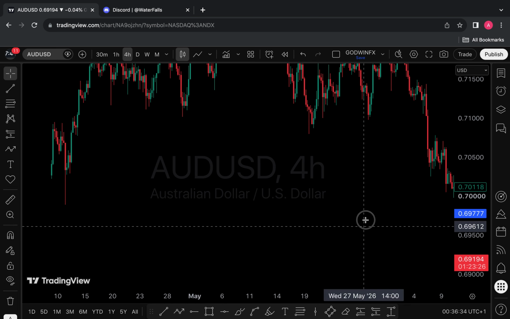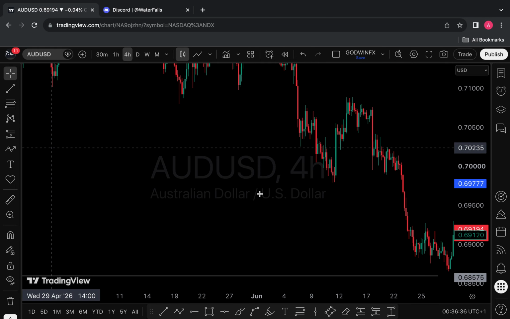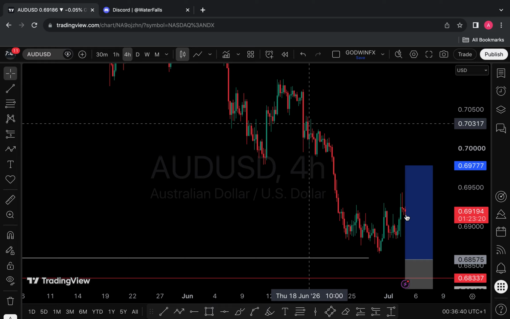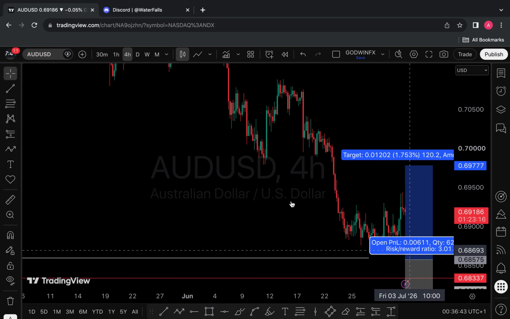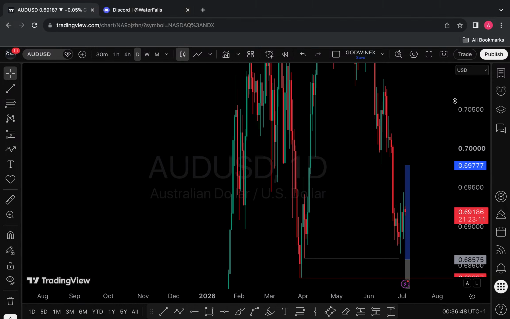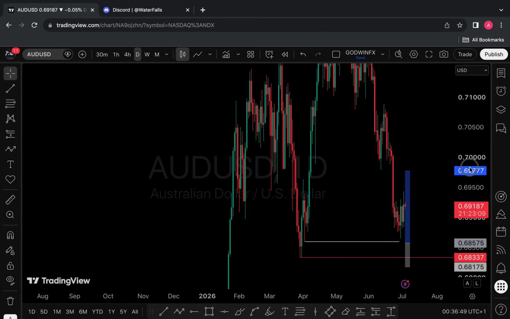If I should just focus on the 4 hour, obviously I'll be looking for opportunities to sell and the likes of that. But because I have zoomed out, it lets me see things I cannot see on the 4 hour. You understand?